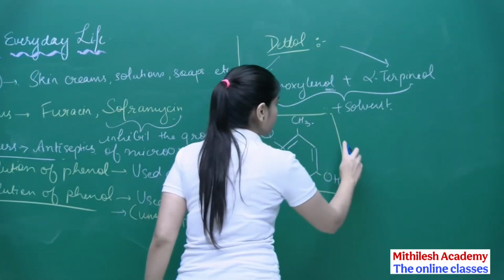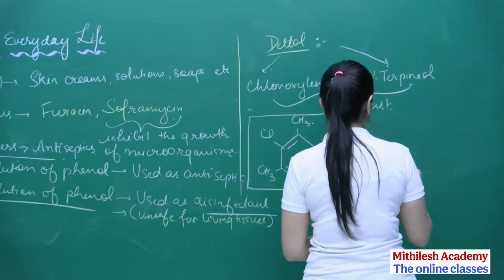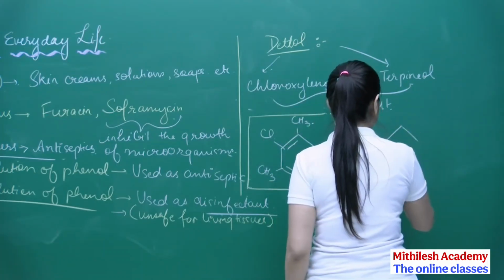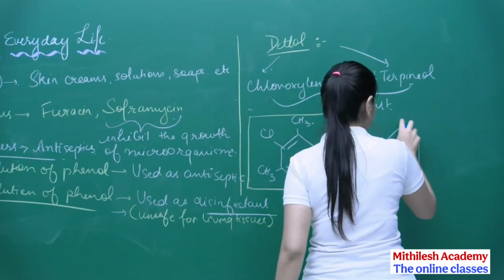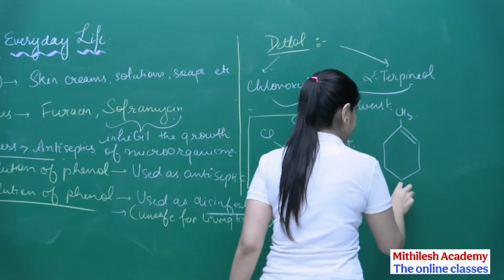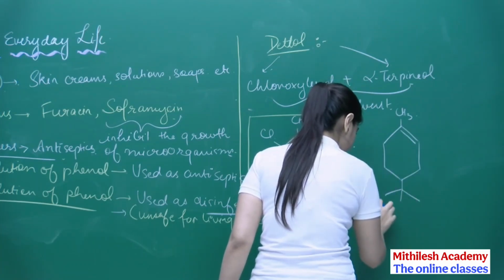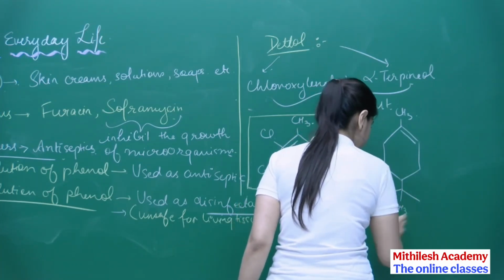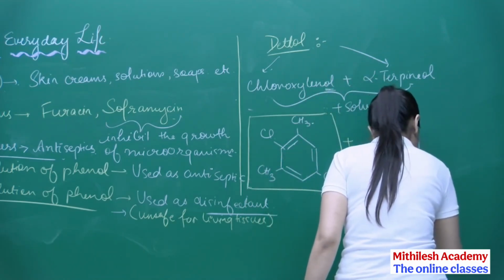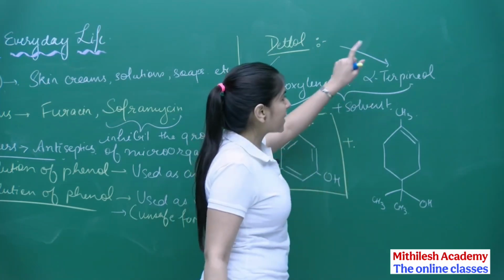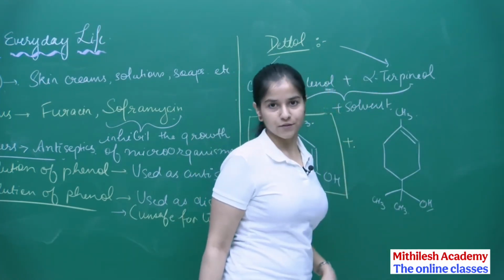And again what we have got is the alpha terpineol. So here is the structure for alpha terpineol. CH3, CH3 and OH. So that is what alpha terpineol is, OH again stands for the alcohol that we have used over here.